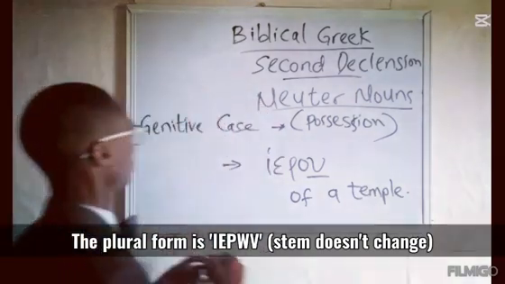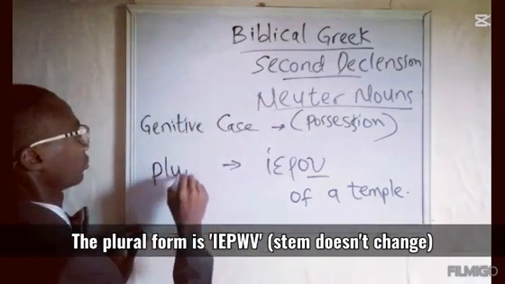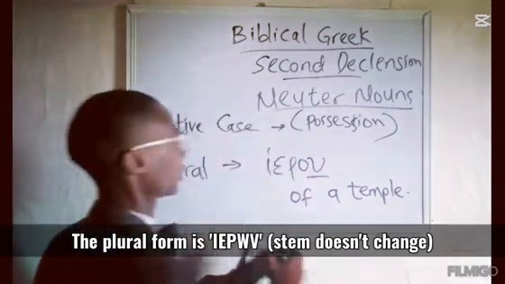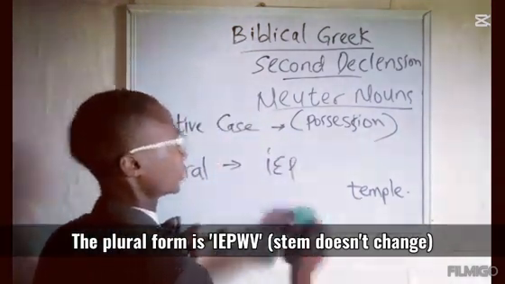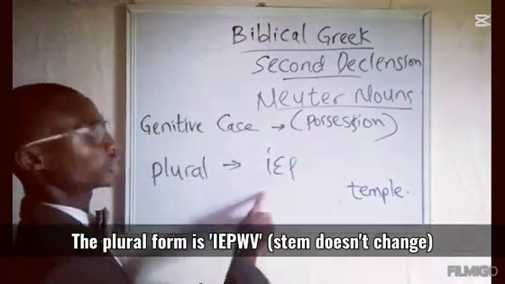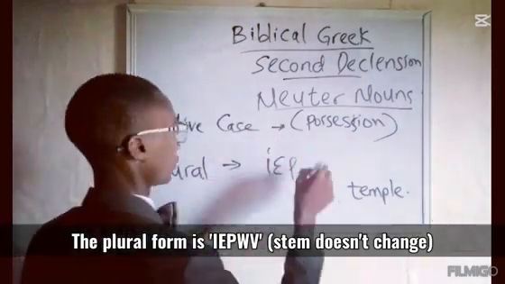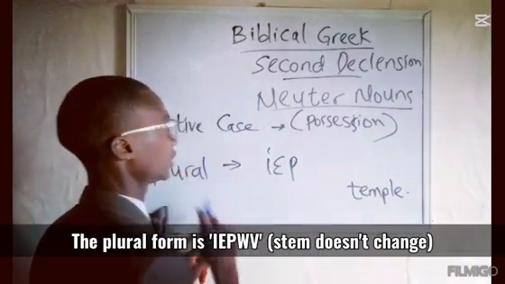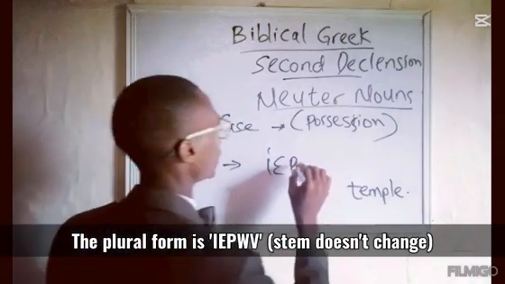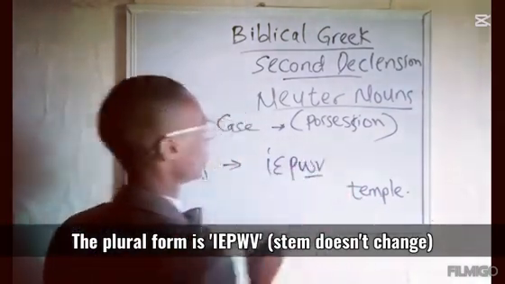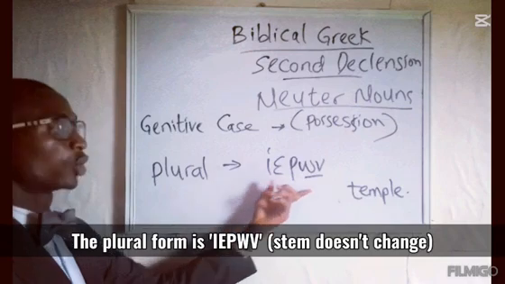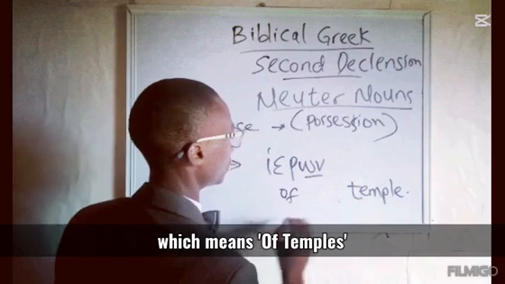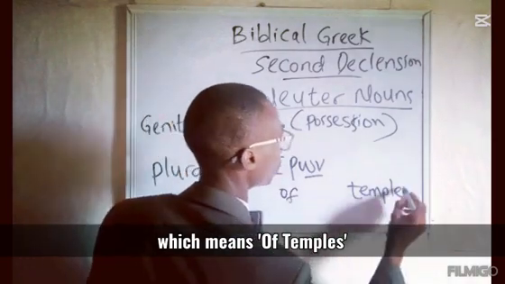Changes are also made. This is the stem; the stem does not change, but the ending changes. So the ending for the genitive case plural form is hieron, which means of temples.